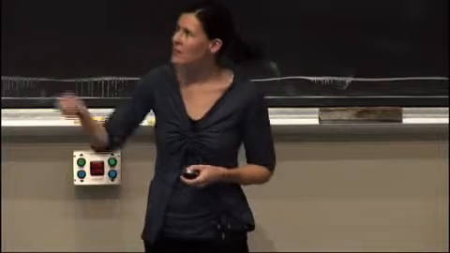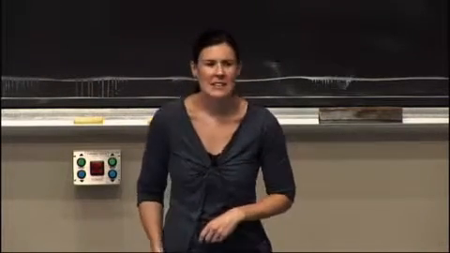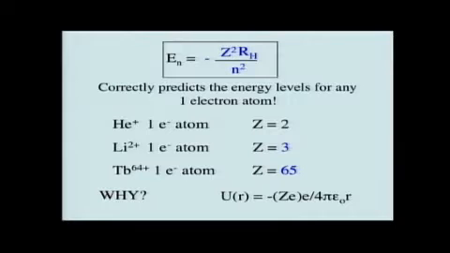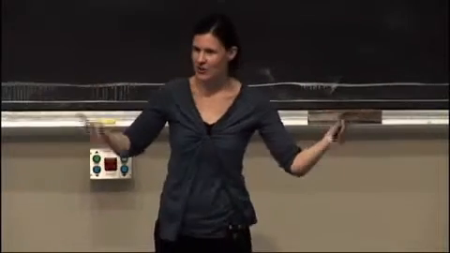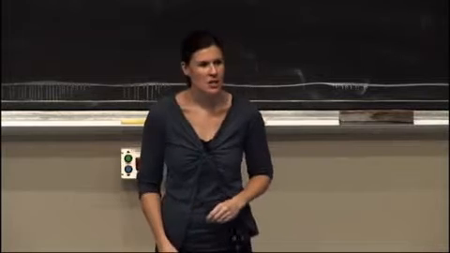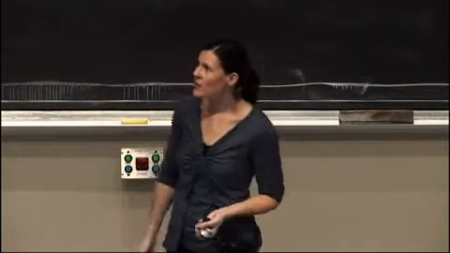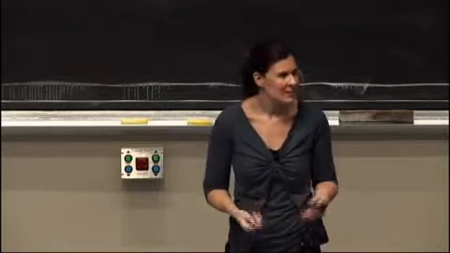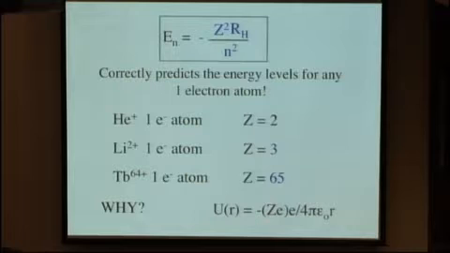And the reason that that Z squared comes in there is because if you go back to your notes from Wednesday and you look at the long written out form of the Schrodinger equation for a hydrogen atom or any 1 electron atom, you see the last term there is the Coulomb potential energy between the electron and the nucleus. So of course, when we have a charge on the nucleus equal to 1, as we do in a hydrogen atom, the Z is equal to 1, so it drops out there.